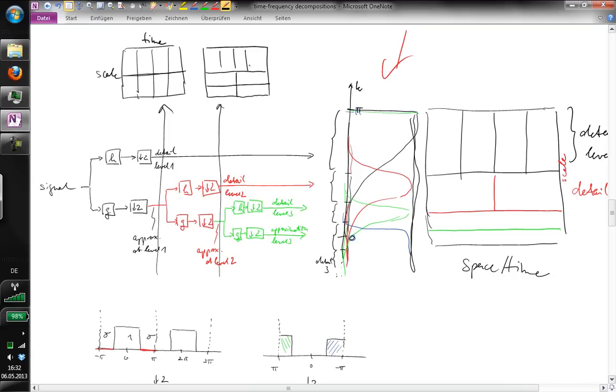Then there's this final stage where I've left the first level of details alone, I've left the second level of details alone, but I've split this part here into another high and low frequency part. And for a signal of length 8, I can no longer continue.